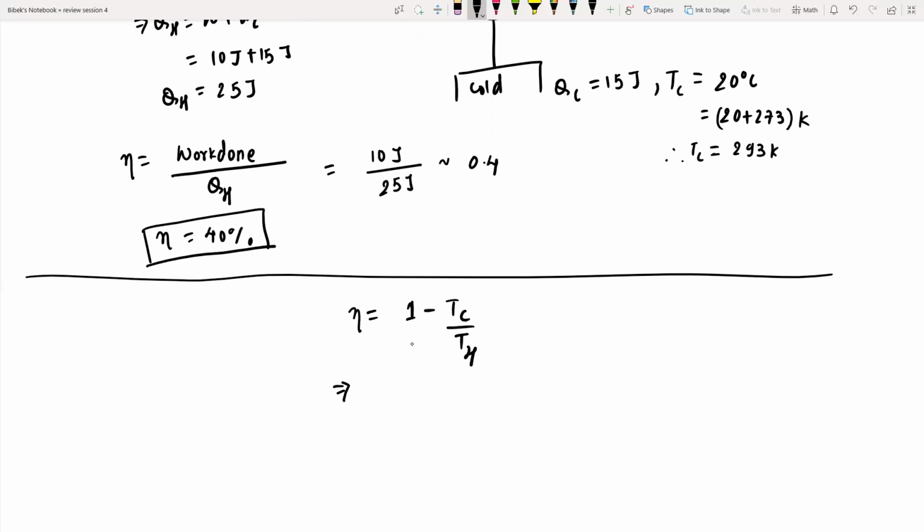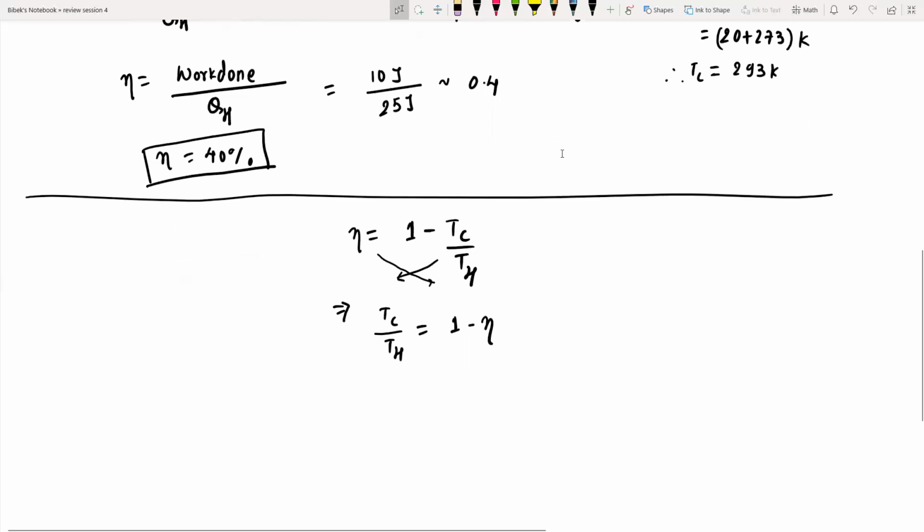So if you solve for it, let's bring this term to that side and the efficiency to the other side. So Tc over Th will be 1 minus the efficiency. Since we are solving for Th, let's reverse everything, or cross multiply.